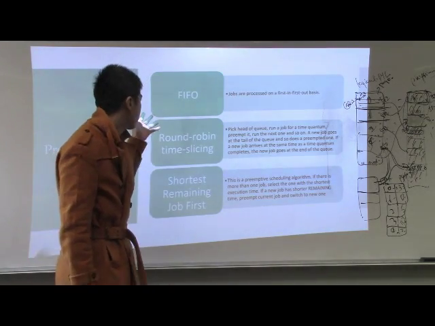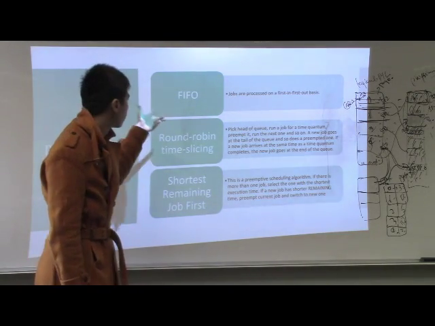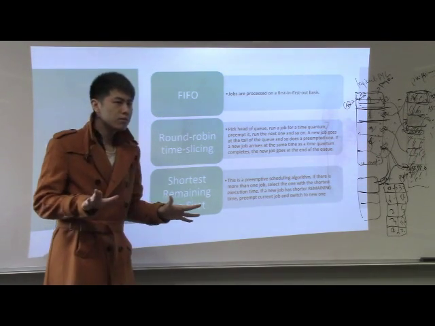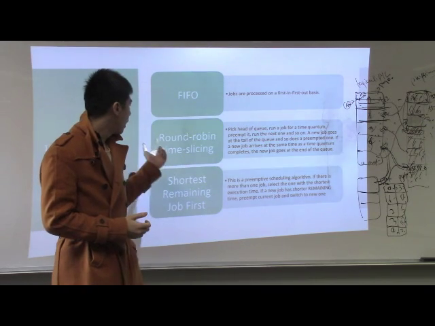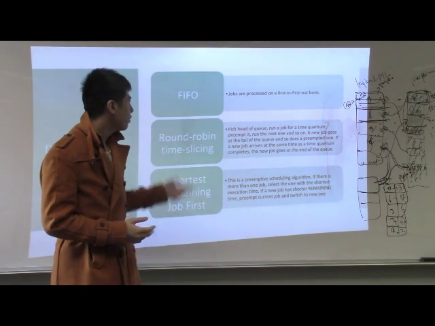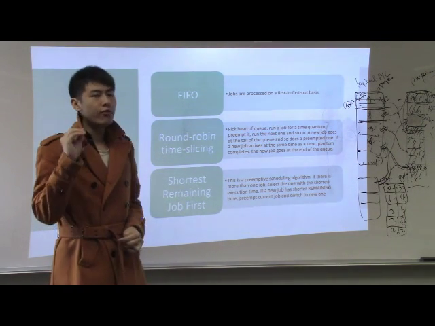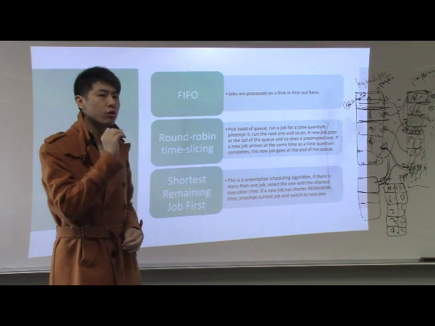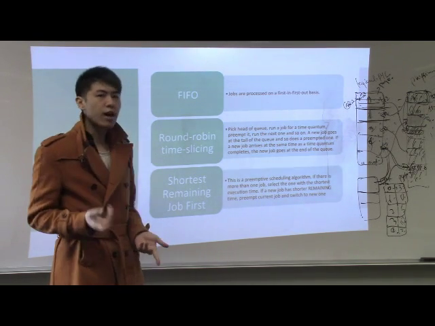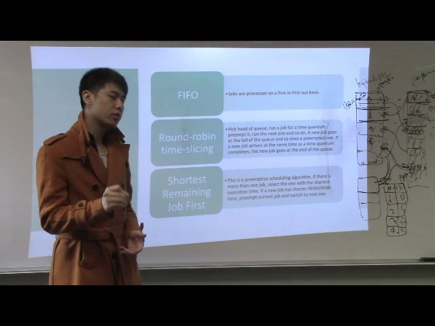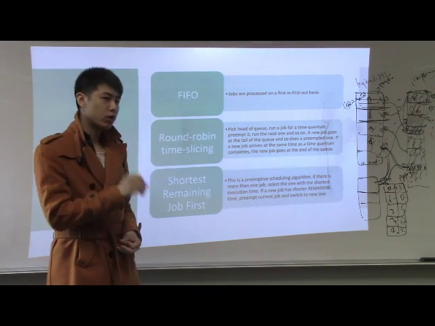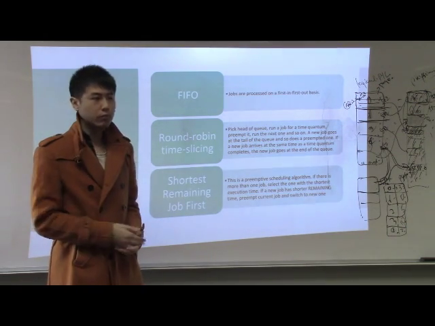So here are the 3 algorithms. First in, first out. Nothing special. All you need is a queue. And the round robin, you pick up the first job of the queue, run it in the time counter, and preempt, put it at the end of the queue, and run the next one.